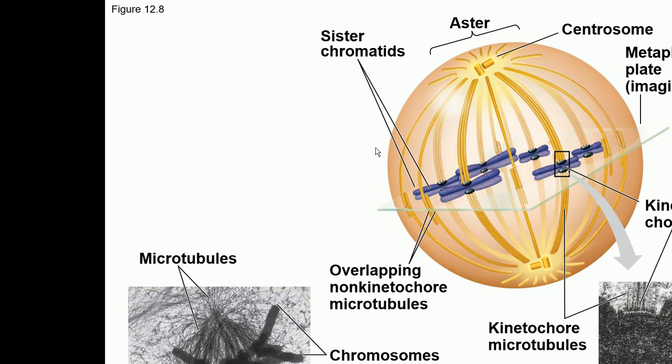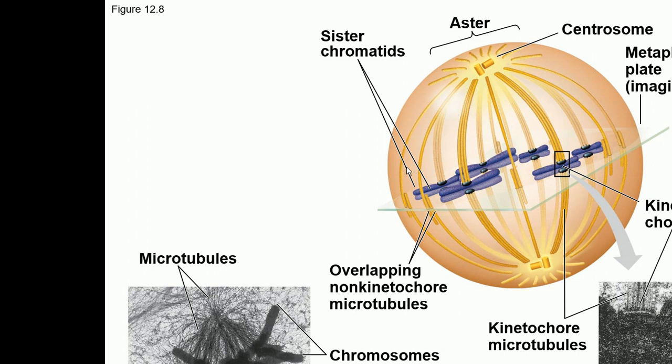At the centromere, there are some protein complexes associated with the centromeres, and they are called the kinetochores. There are some of the microtubules which attach to the kinetochores, and those microtubules are called kinetochore microtubules. And there are other microtubules which do not attach to the kinetochores. They are called the non-kinetochore microtubules.